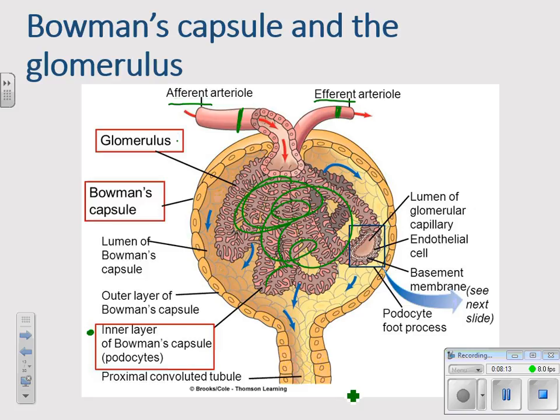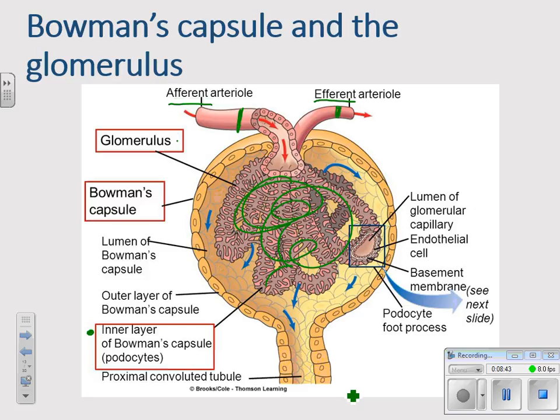But because you've got huge pressure coming in here, if you only had blood capillaries with walls that were a single cell thick, of course, that huge pressure could just burst them. So you have podocytes around the outside to support them, to withstand the pressure. So it's giving it an extra layer, isn't it?